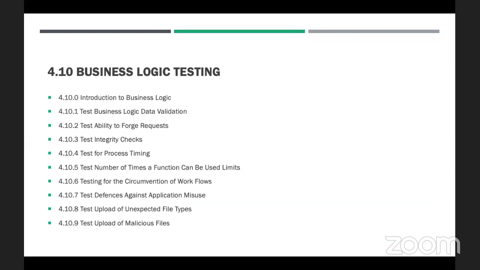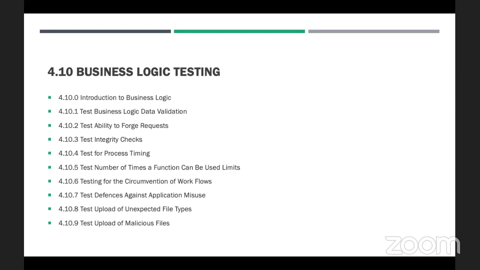When we are testing for business logic, there are many things that come as part of it which we can test, like testing the defenses already there against application misuse, playing around with client-side functionality, and server-side functionality, especially session management. And if there are any unexpected files, they can give me a lot of details, like a gold mine.